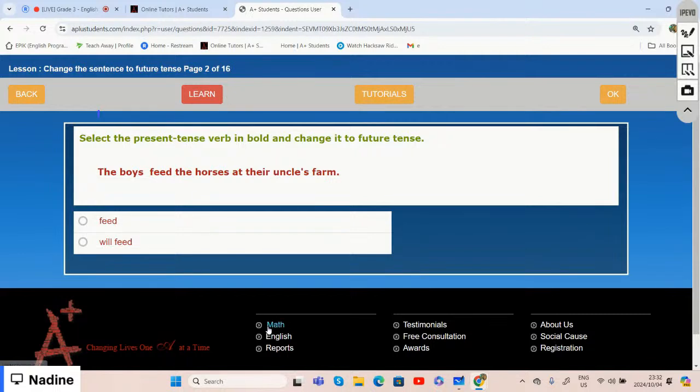All right, so we can say, is it option one? We just say that the boys feed the horses at their uncle's farm, or do we say option two, the boys will feed the horses at their uncle's farm?